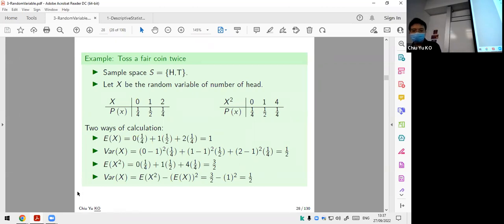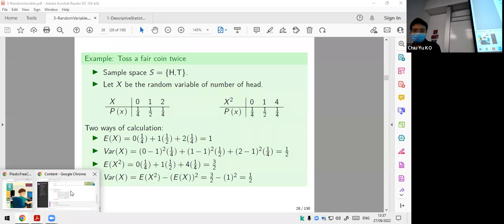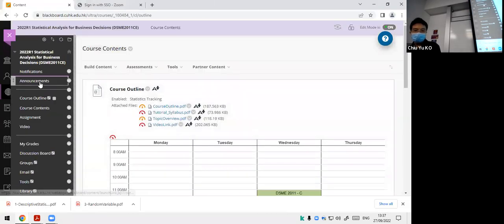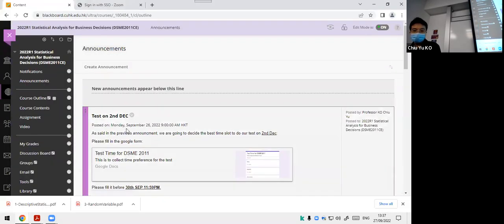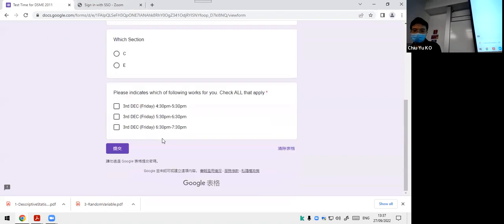Just one very technical thing: someone let me know the announcement says 2nd of December, but in the form I have 3rd of September. It's the 2nd of December, so it's Friday, the last day. It's just a 1 hour test.